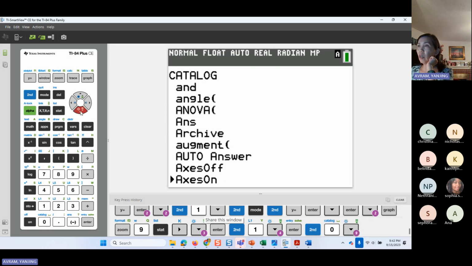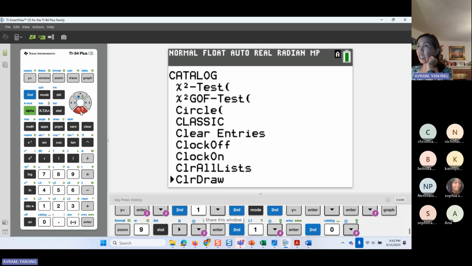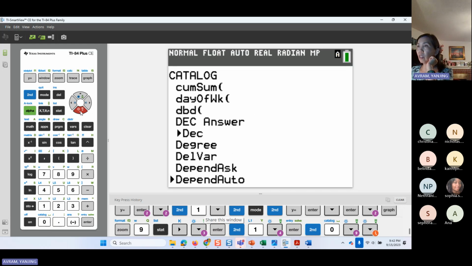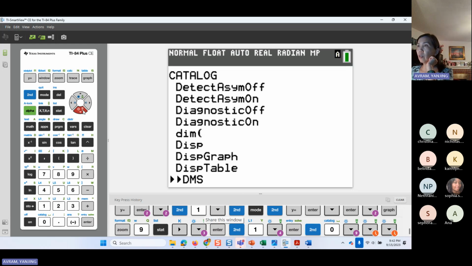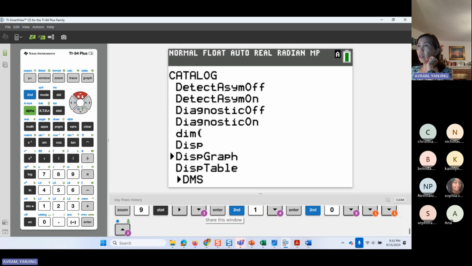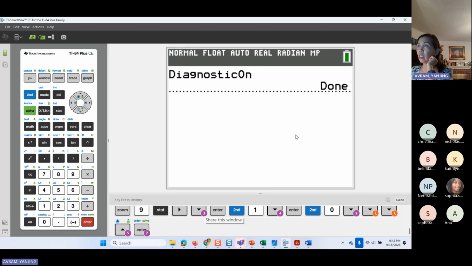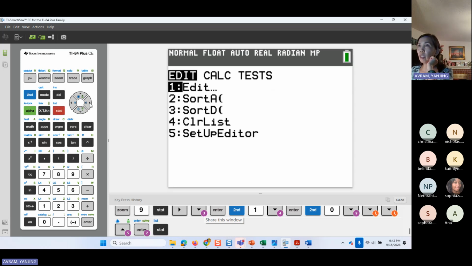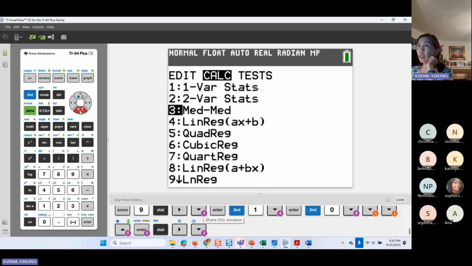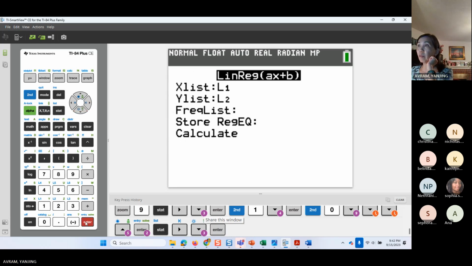And then we're going to go all the way down to DiagnosticOn. Hit enter on it, and then hit enter again. When it shows done, we come back to do the linear regression, and this time it shows you the R.